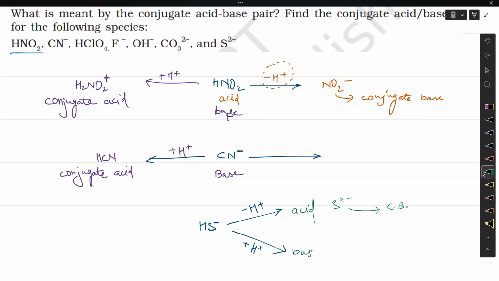H plus is adding into it, so this is acting as a base. What is the product we are getting? H2S. Correct. So is this the conjugate base or conjugate acid? Conjugate acid. So is this whole thing clear?